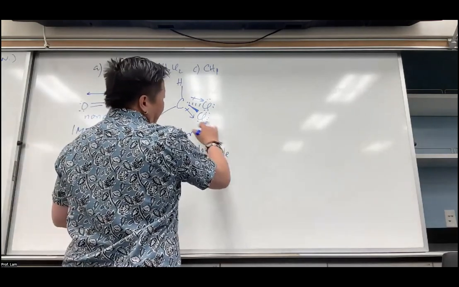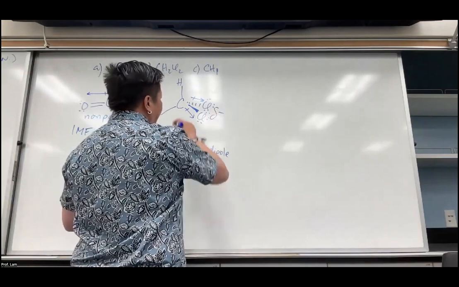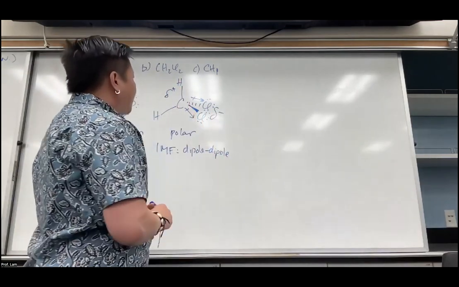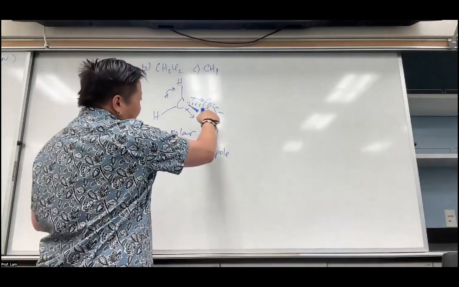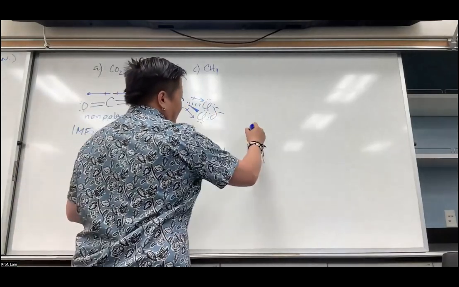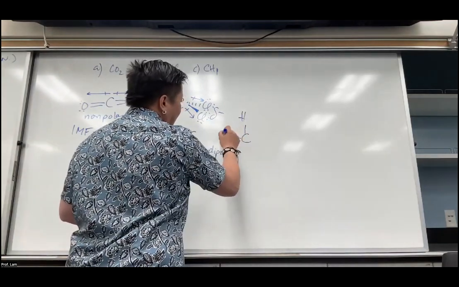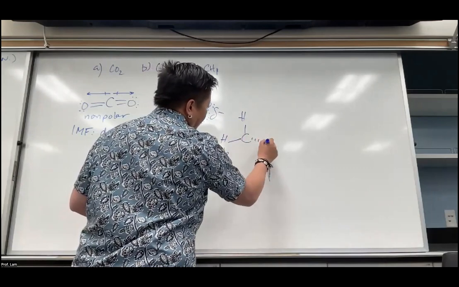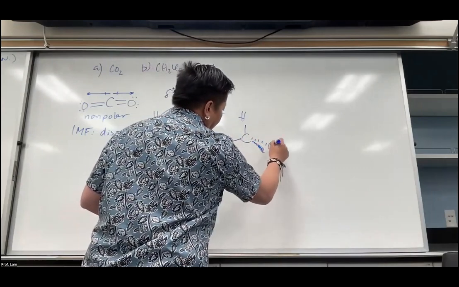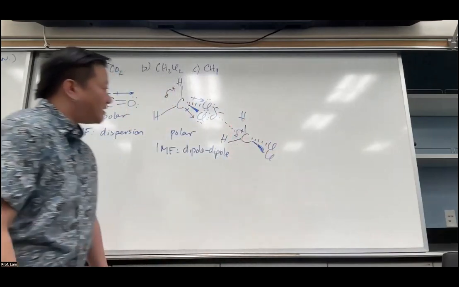Okay. Meaning, what does that mean? That means if I have another molecule, this would be the delta negative end of CH2Cl2, and that'll be the delta positive end. So if there's another molecule of CH2Cl2, it would stack like this. The delta minus will attract the delta plus.